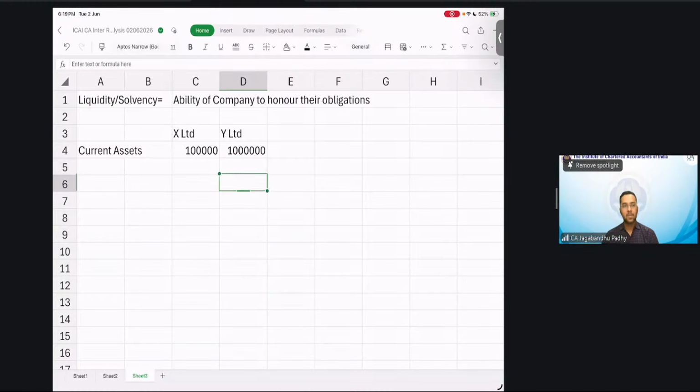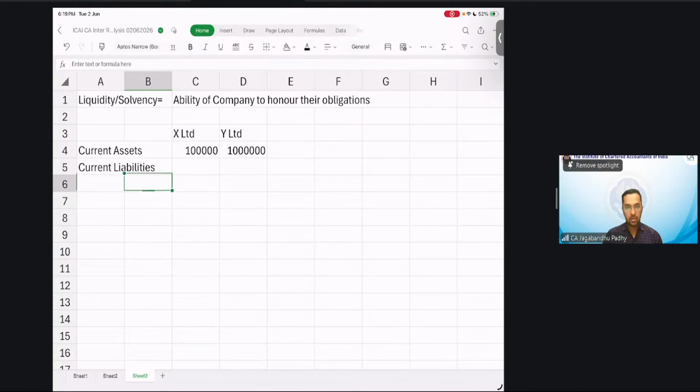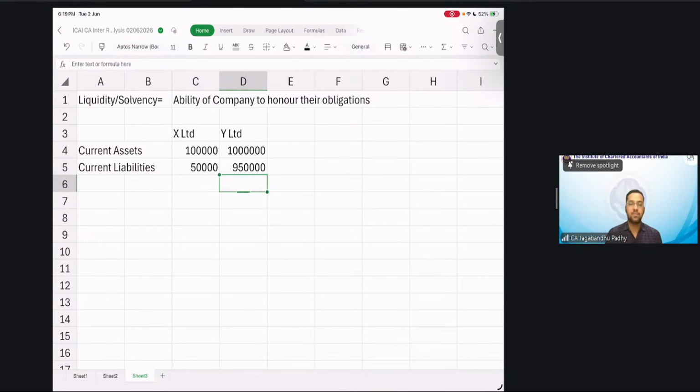Okay. Now let me just put some other numbers in front of you. Let's say their current liabilities are 50,000 and 9 lakh 50,000.